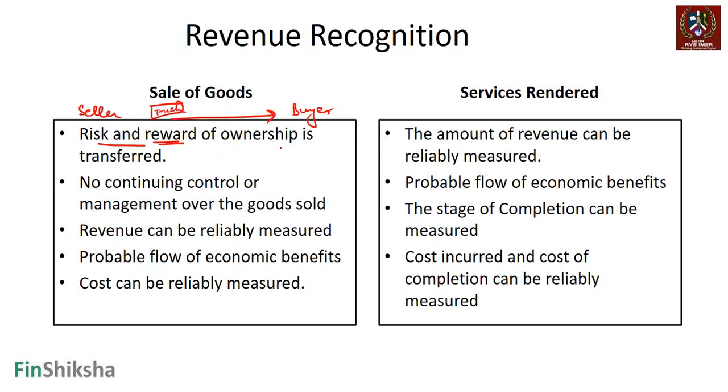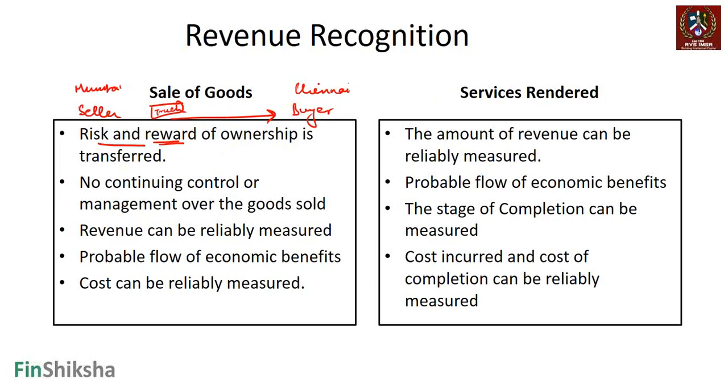The moment the risk and reward of ownership is transferred, so let's say I'm selling it from Mumbai and someone is buying it in Chennai. Depending on the contract, it's possible that when the truck leaves my factory, the risk and reward of ownership is transferred.